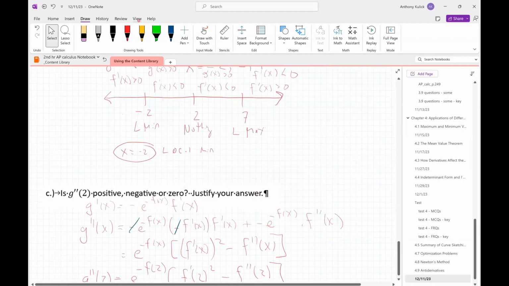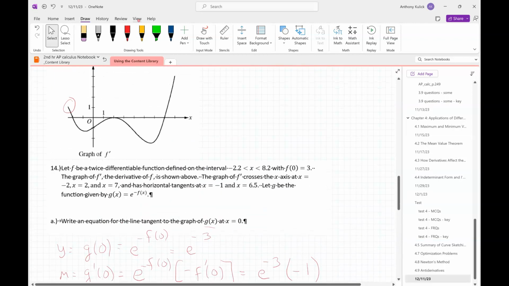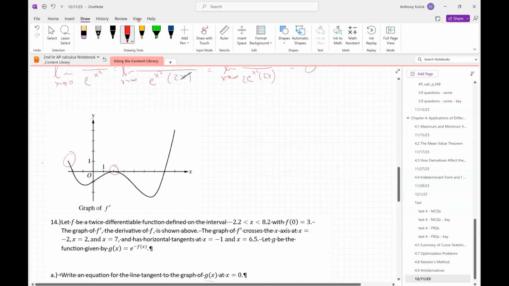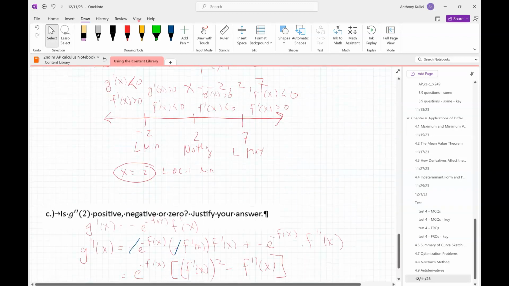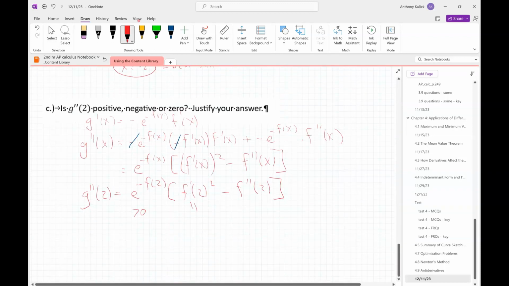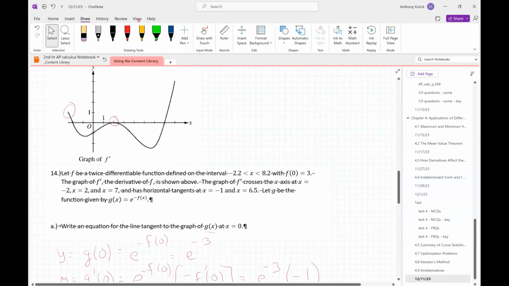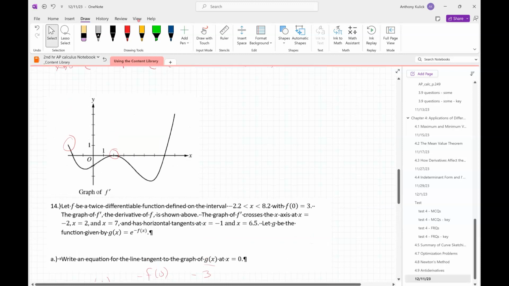If I look at f prime of 2 on my graph, that's equal to 0. And if I want f double prime of 2, I notice that f prime of 2 is a maximum. So the derivative at a maximum is going to be also 0.